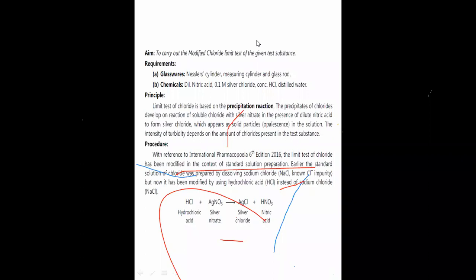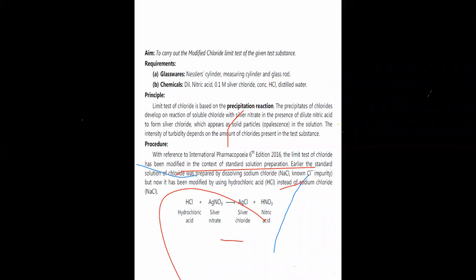But nowadays, in the modified limit test of chloride, the standard solution is prepared by using hydrochloric acid instead of sodium chloride. This is the only modification we have done.